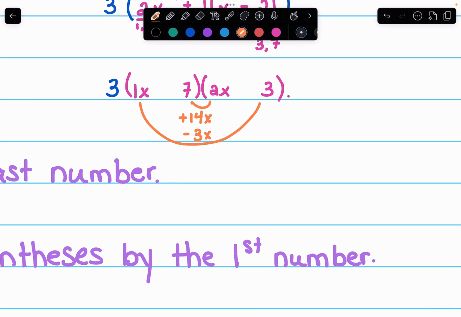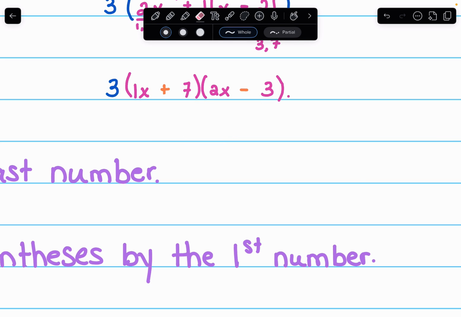So positive, negative. If I add those down, I get 11x. So positive, negative. That's my answer.